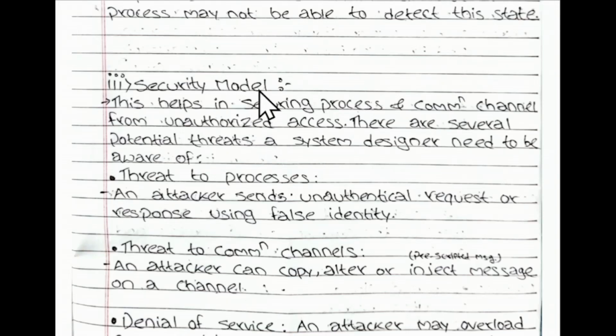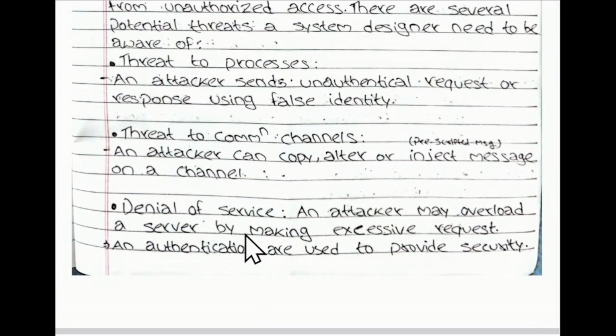Security model. Security models help in securing processes and communication channels from unauthorized access. There are several potential threats a system designer needs to be aware of: threat to process, threat to communication channel, and denial of service. Threat to processes. An attacker sends an unauthorized request or response using a false identity.